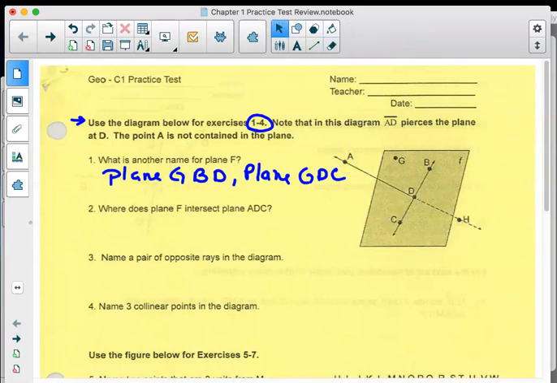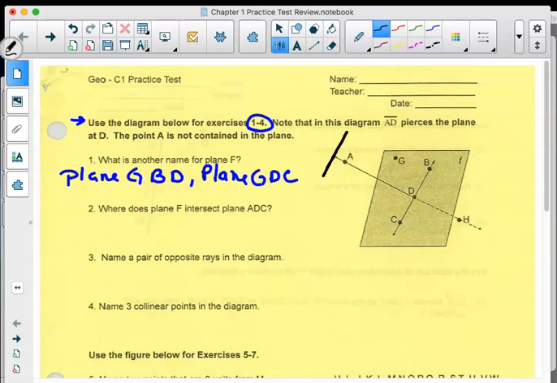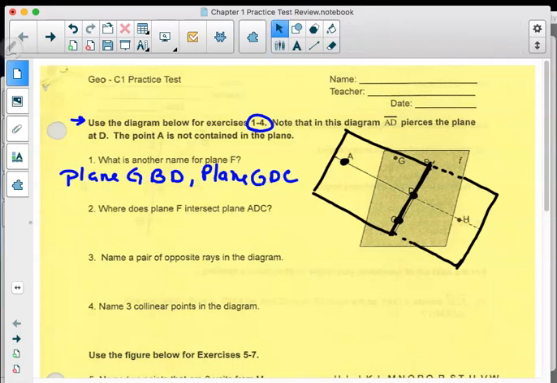Now, where does plane F intersect plane ADC? Keep in mind, plane ADC is not drawn there. If I were to draw plane ADC coming in here, remember this plane would extend out and continue through. Where does plane F intersect plane ADC?